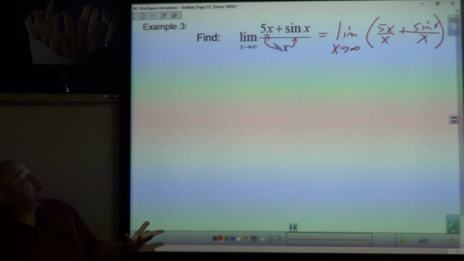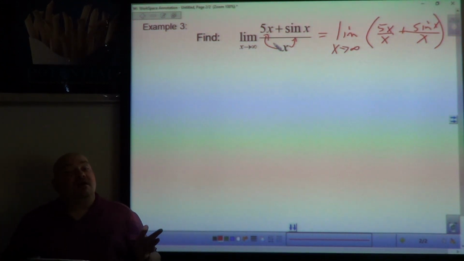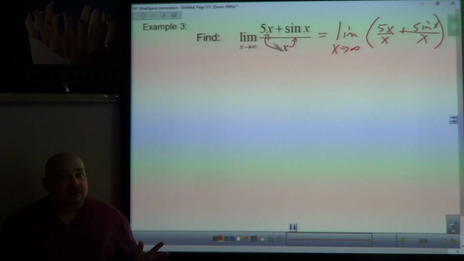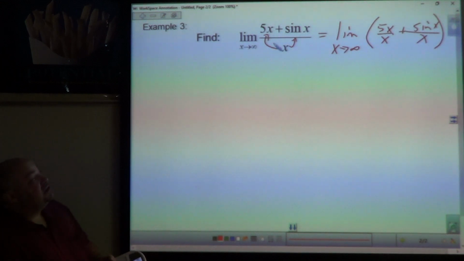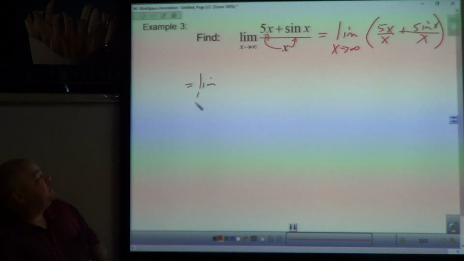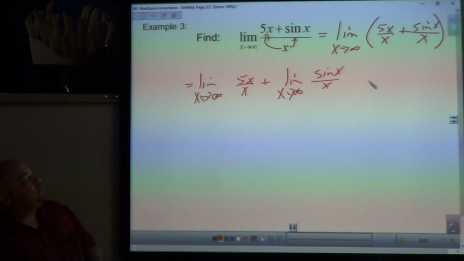We can do that. Now we can take the limit and split that up, because the limit of a sum of two things is the same as the sum of the limits. What that means is that the limit as x approaches infinity of this whole thing is equal to the limit as x approaches infinity of 5x over x plus the limit as x approaches infinity of sine x over x.